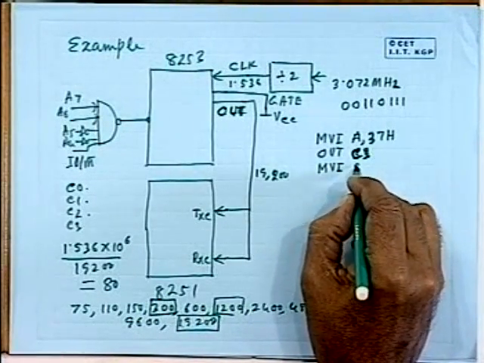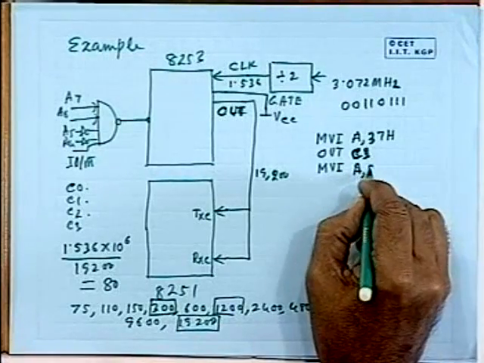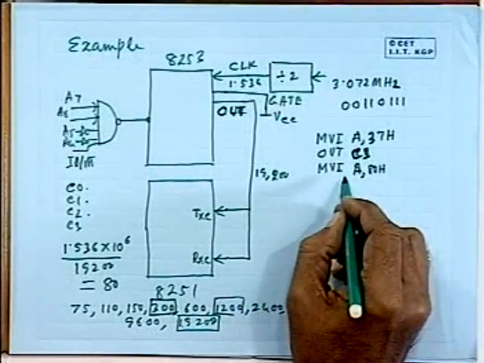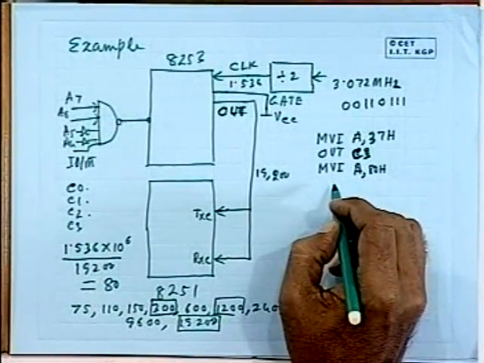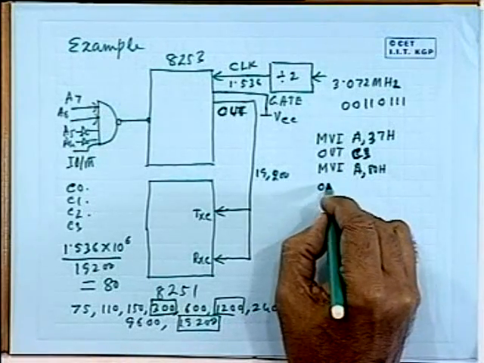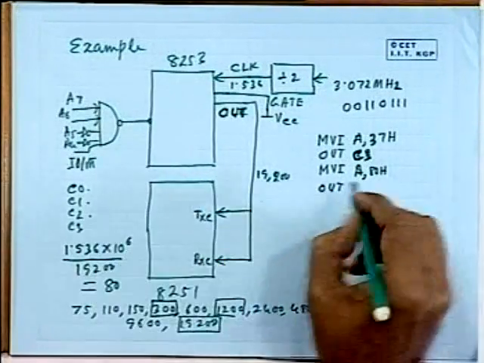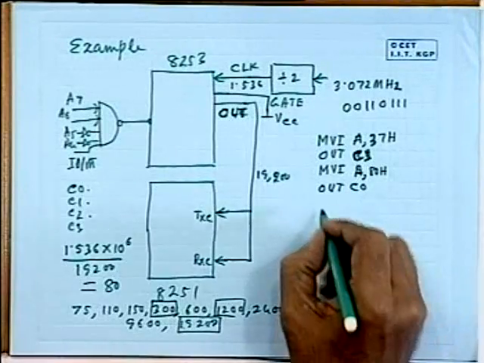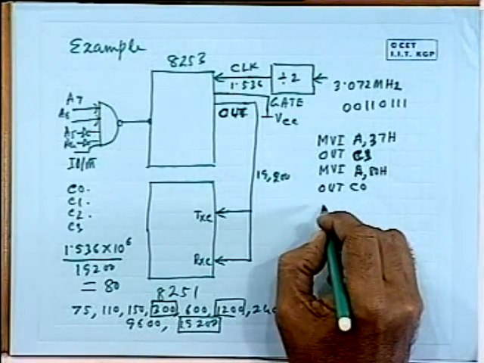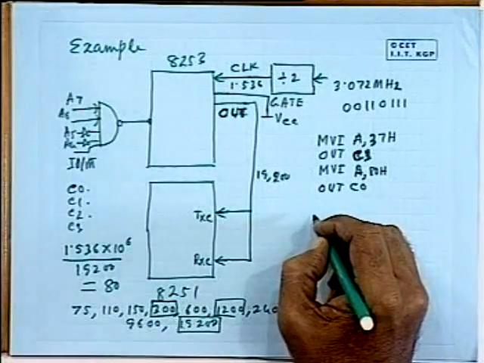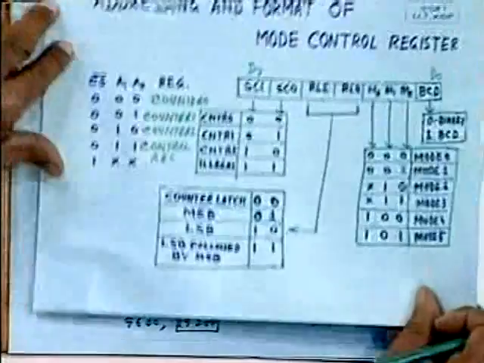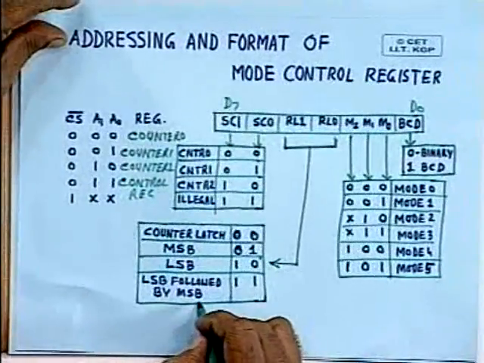So MVI A, 80H, that has to go to counter register 0, so it will go to OUT C0. Then the other byte, the most significant byte, you have to write, because this code corresponds to LSB followed by MSB.